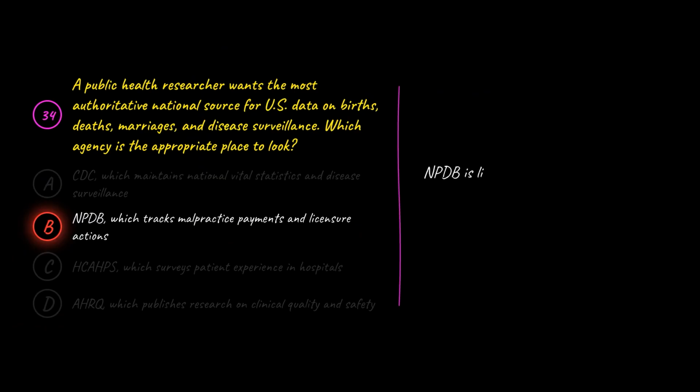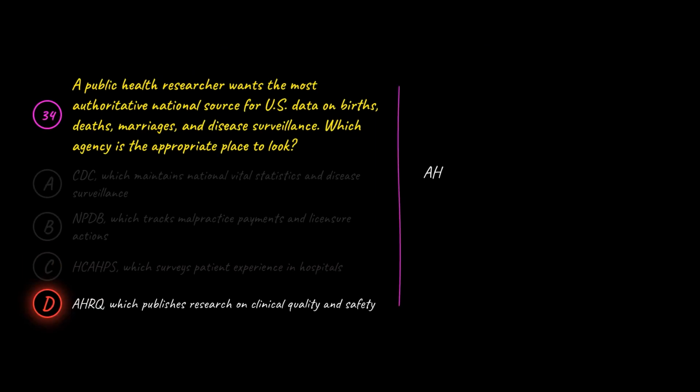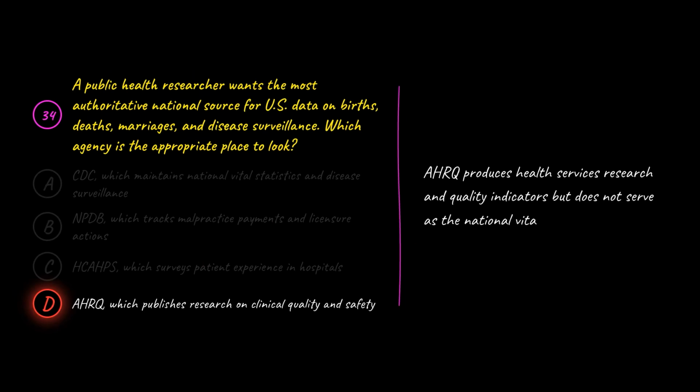B is wrong because NPDB is limited to practitioner disciplinary history and does not collect vital statistics. C is wrong because HCAHPS focuses on hospital consumer assessment surveys, not on births or deaths. D is wrong because AHRQ produces health services research and quality indicators but does not serve as the national vital statistics repository.